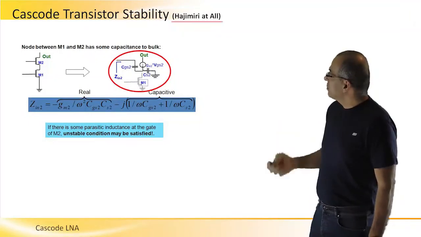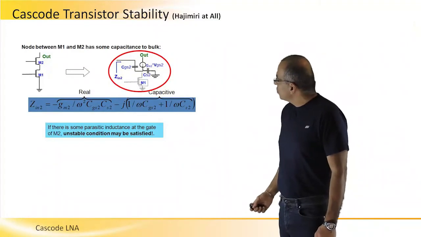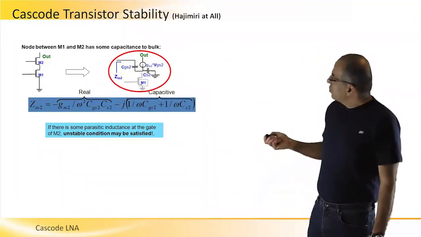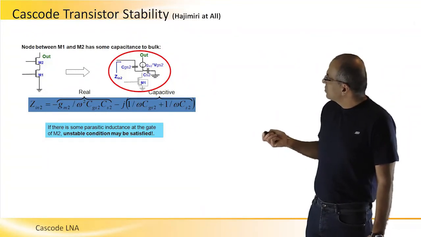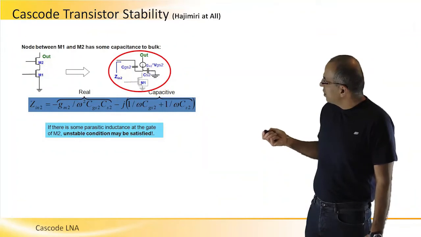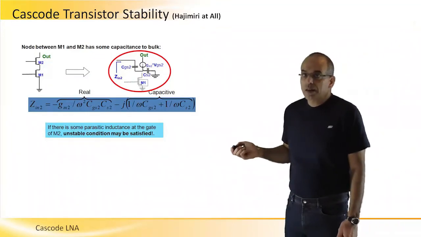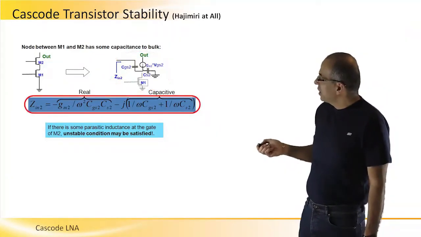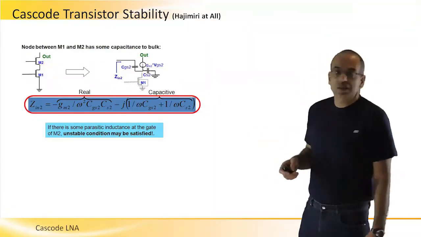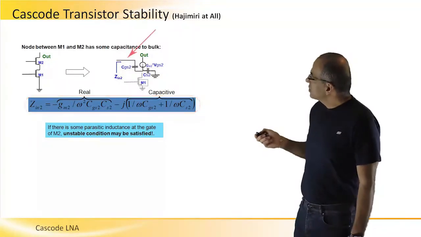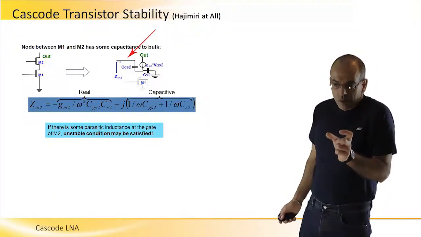Actually, this can be found in the Hajimiri paper from a few years back. And if we look from this port, from the gate, and we will analyze the input impedance to the gate of the Cascode transistor itself, we will find that the input impedance has a real part that is negative, and an imaginary part that is capacitive.